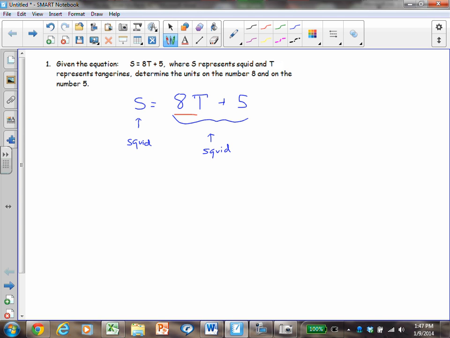Well, when we plug in T, we'll be plugging in what? Tangerines, right? So that means that the units on 8 must be what? Tangerines has to be on the bottom and squid on the top, and that will leave you with just squid.